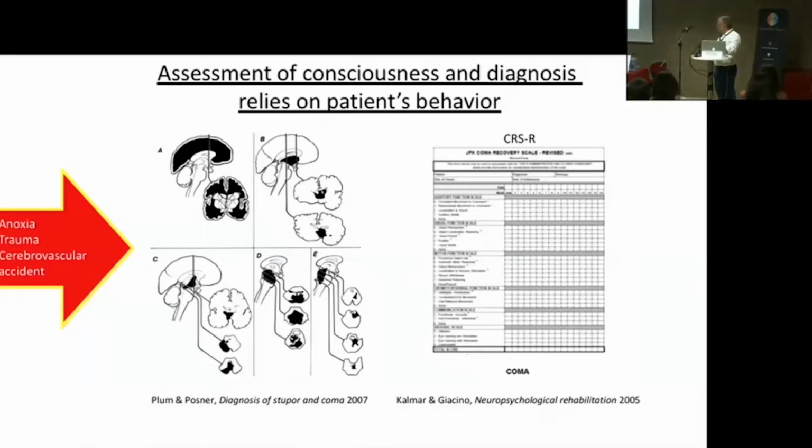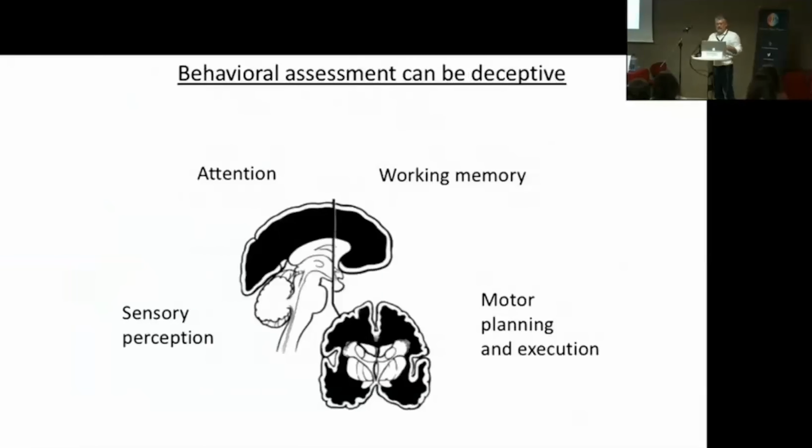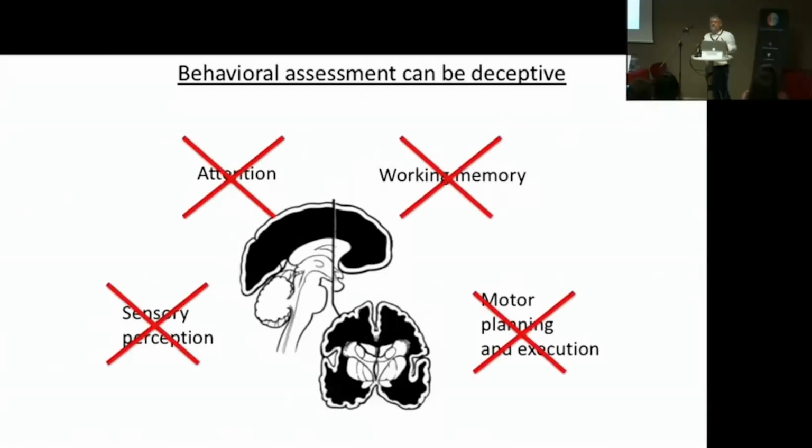Now the problem is that when you have massive damage to the cortex, or the thalamocortical system better, these systems, which subserve in everyday life sensory functions, motor functions, and executive functions too, can undergo deficit, and this of course makes the behavioral assessment of consciousness deceptive.